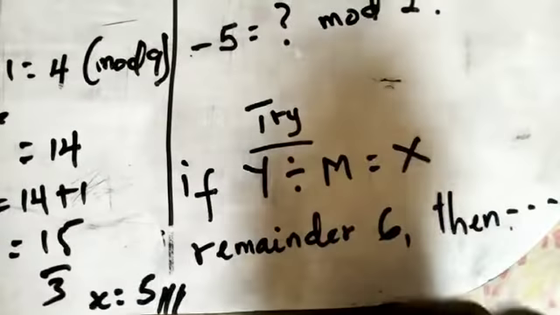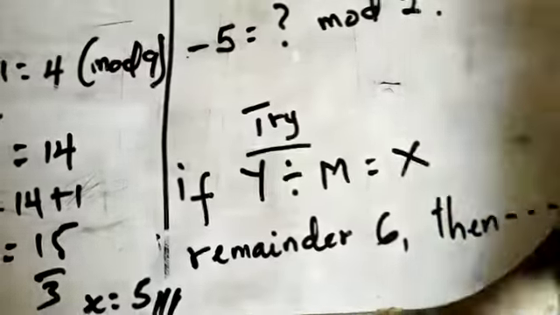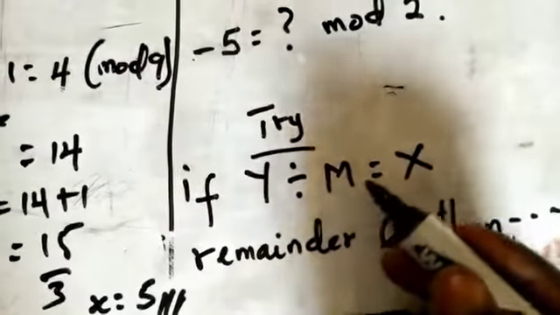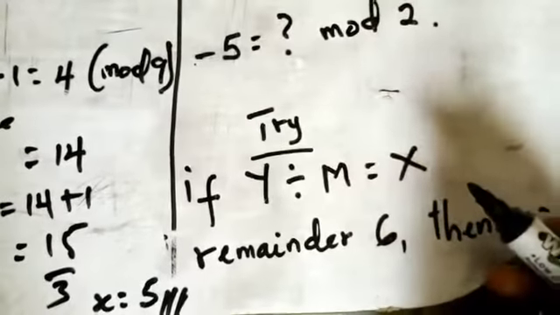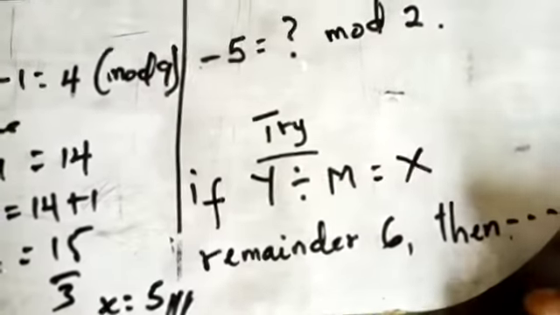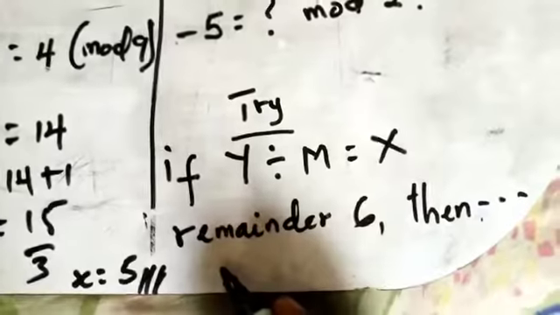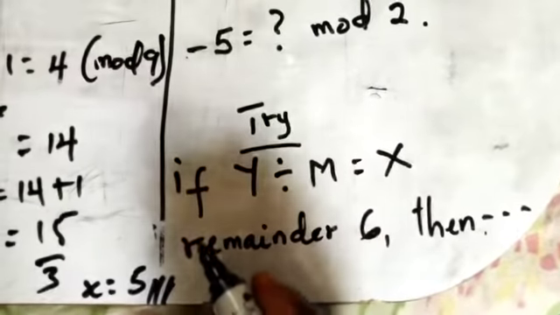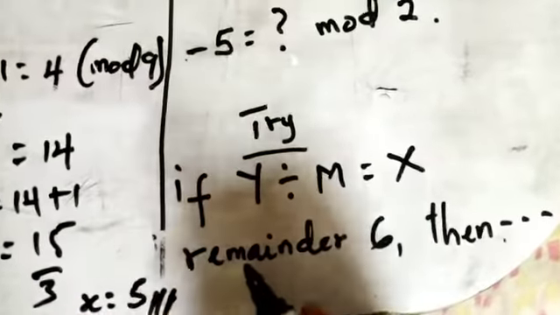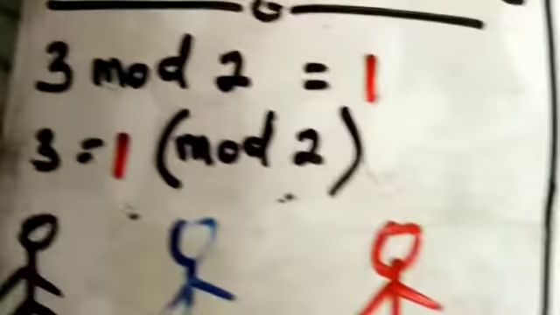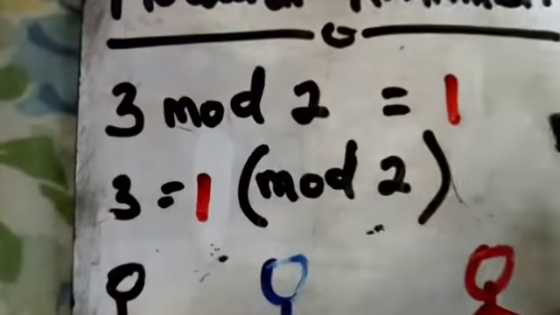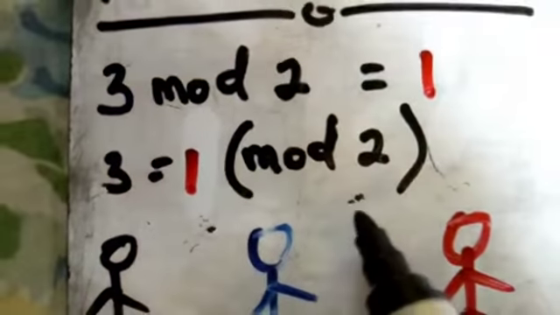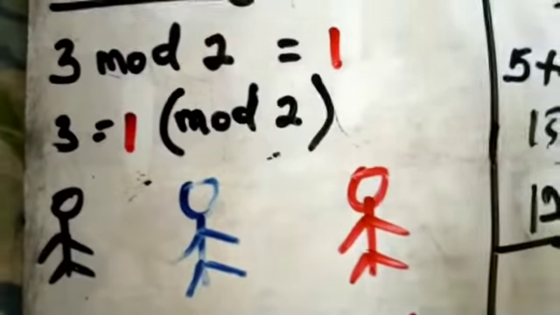Maybe y is equal to x modulo 6, and so on and so forth. If you really understood what is happening here, then try and rewrite this one in modulo form like this. Leave your answer in the comment section.